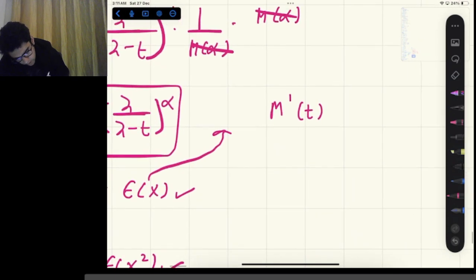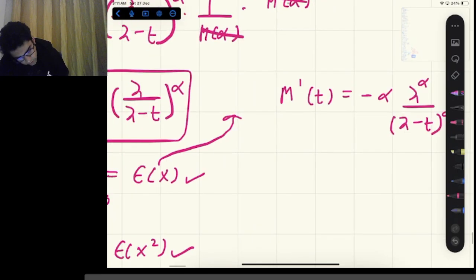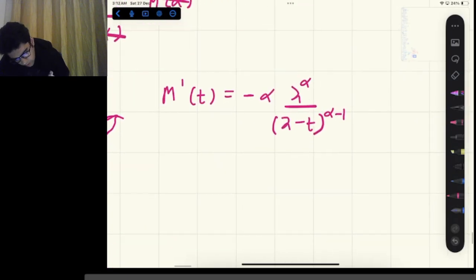So M dash t comes out to be, wait a minute, I need to find this derivative. So minus alpha, lambda to the power alpha, lambda minus t to the power minus alpha minus 1, and minus 1.